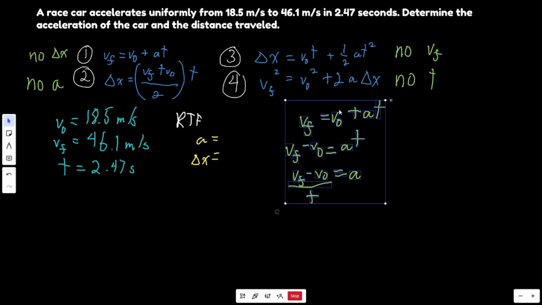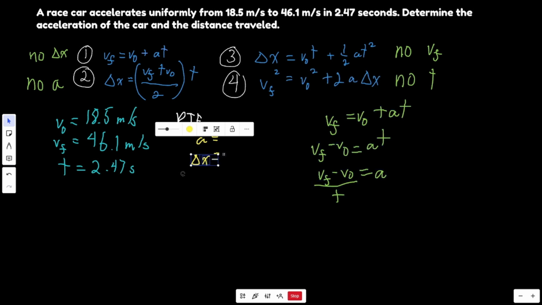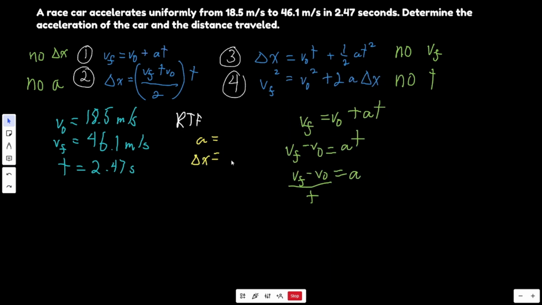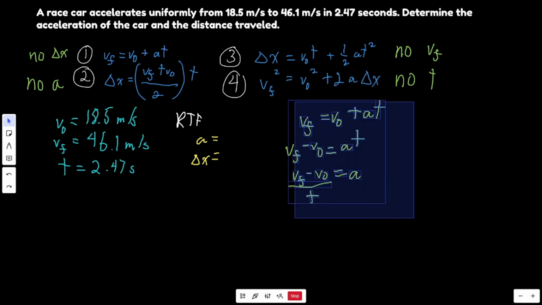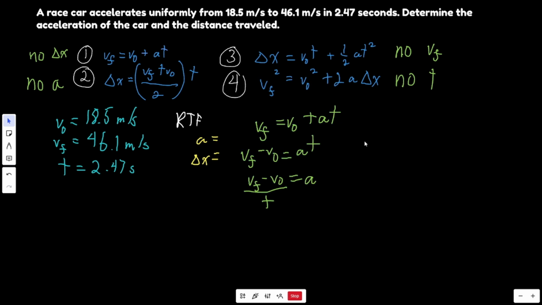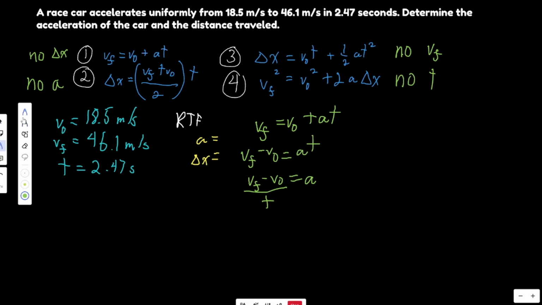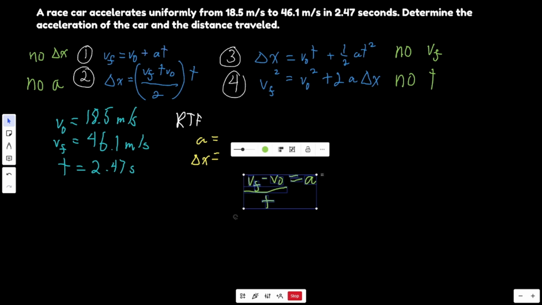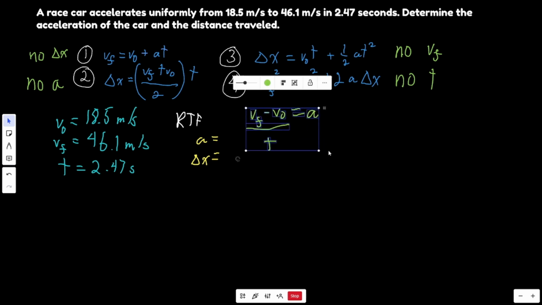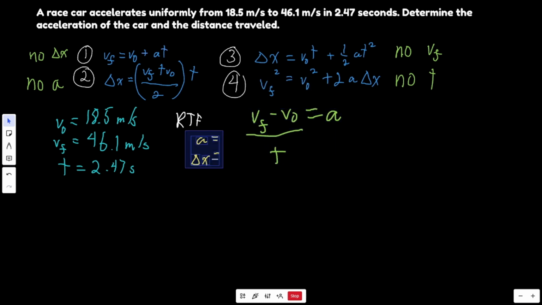Now, based on this formula for acceleration, we just have to plug in our values. Let's put this here on the side. Given that we have this new working equation, I'm going to remove everything else on the top, just so that it's not confusing anymore. Allow me to just rewrite that over here.